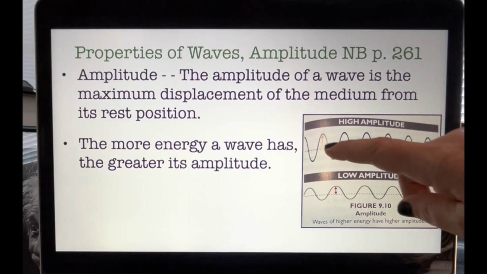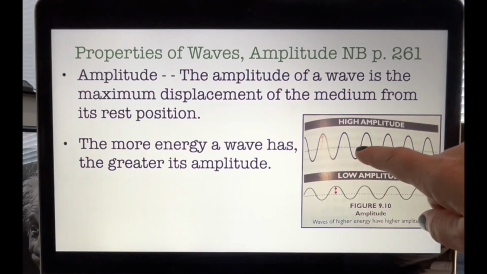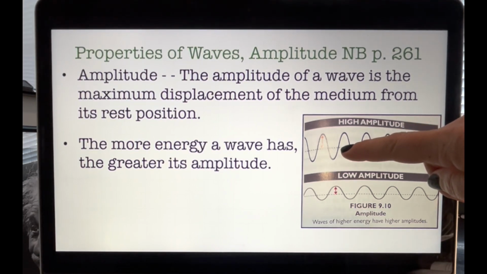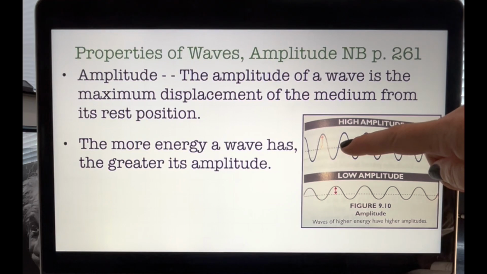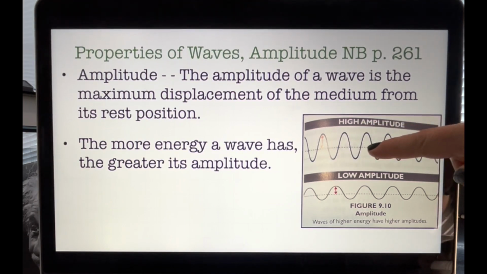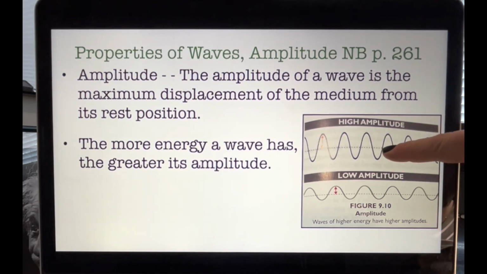All right, so this is its rest position. So the amplitude for this top high amplitude wave would be up here or down here. So it's from the rest position out to the highest position.